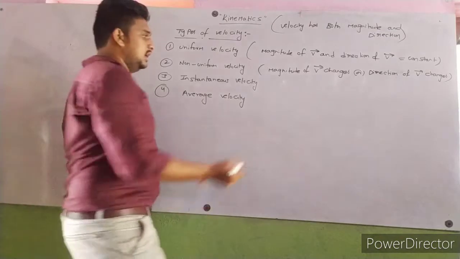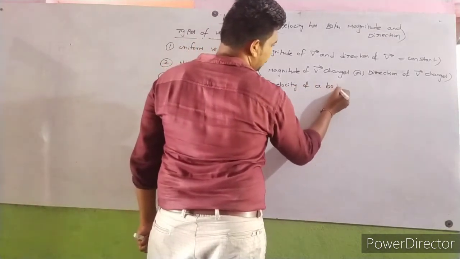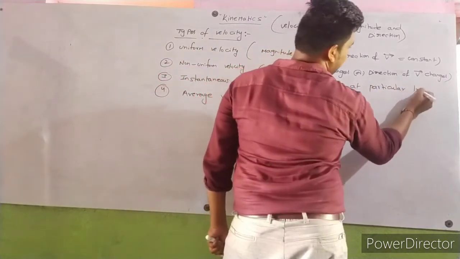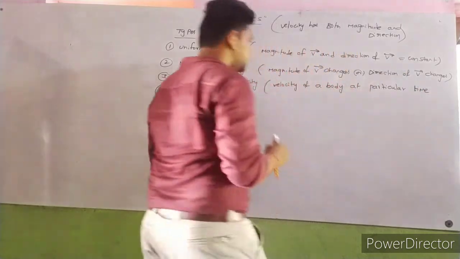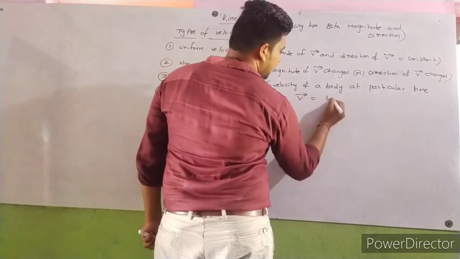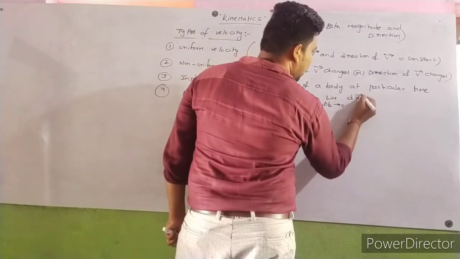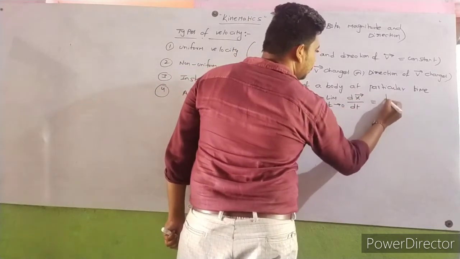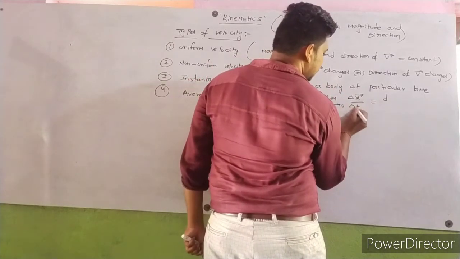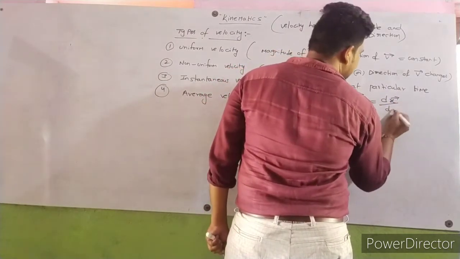Instantaneous velocity is the velocity at a particular point. Velocity of a body at a particular time is called instantaneous velocity. Here instantaneous velocity v bar is equal to limit delta t tends to 0 of delta s bar by delta t, which is ds bar by dt.